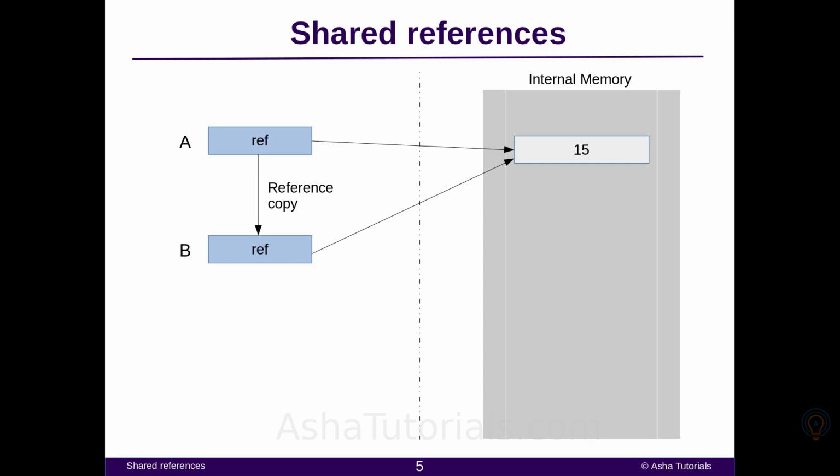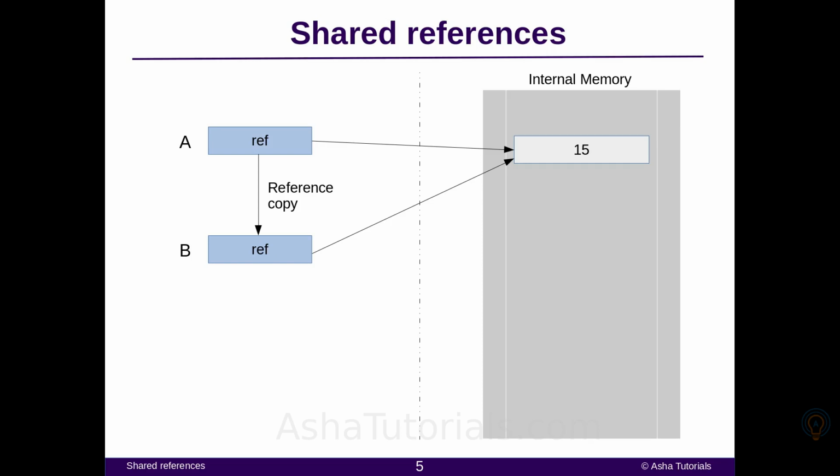We are not creating a new object. But when assigning a value or creating a new object of mutable data type, it will assign a new memory address. Okay, so for both immutable and mutable, a reference copy points to the same object.